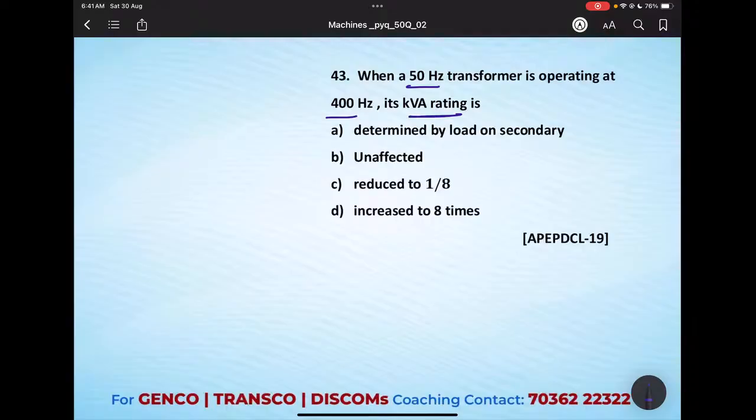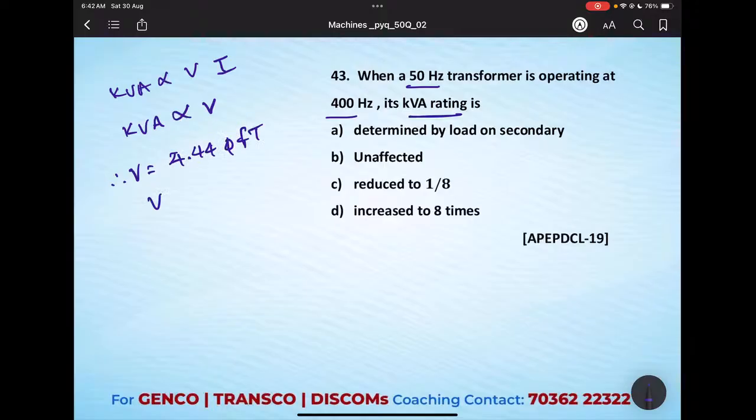Let's note down the formula you know. kVA is directly proportional to VI. So kVA is directly proportional to V. We know the transformer induced voltage can be written as 4.44 phi f T. From this we can write V is directly proportional to f.